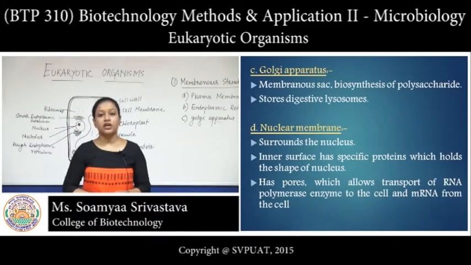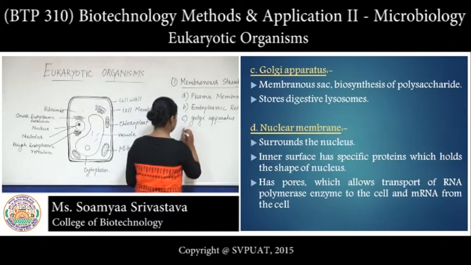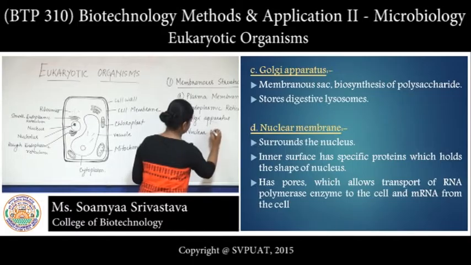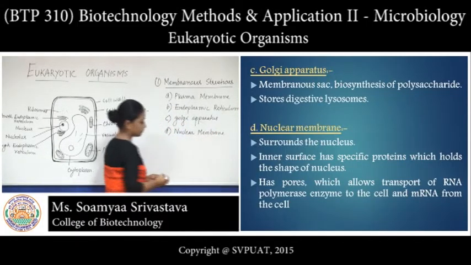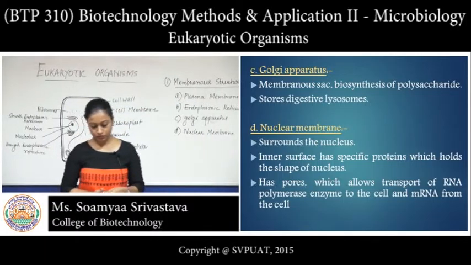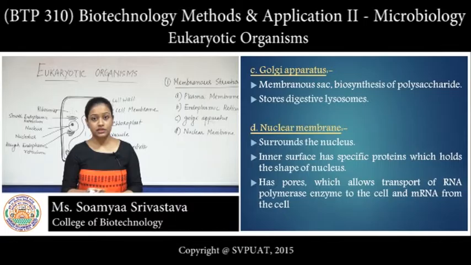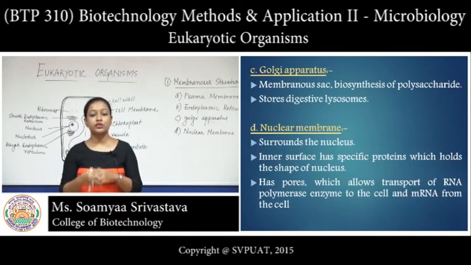The next structure is the nuclear membrane. The nuclear membrane is the surrounding structure of the nucleus, and it is a site for specific proteins which maintain the structure of the nucleus.